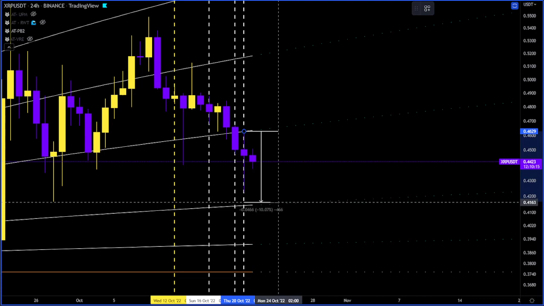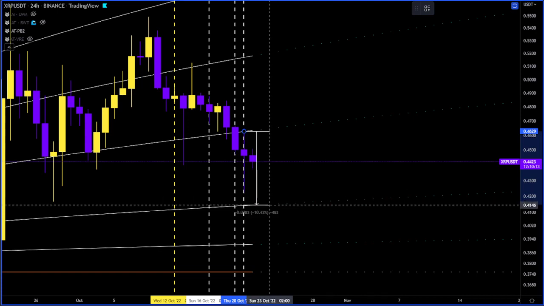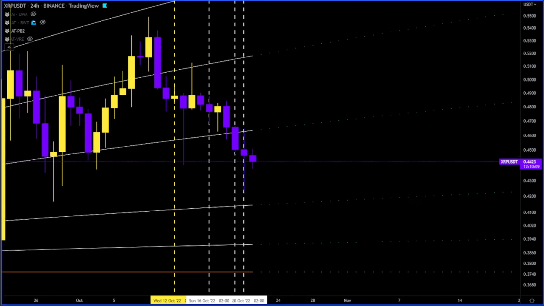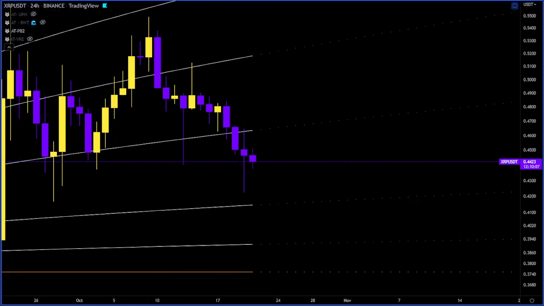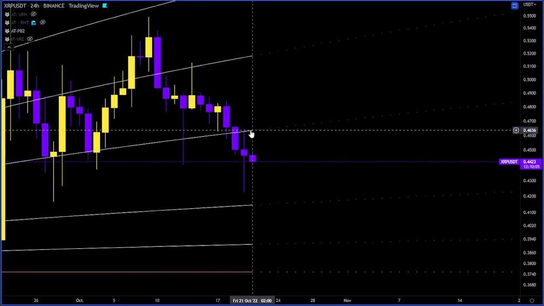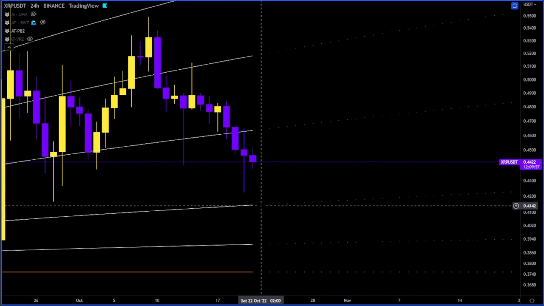So from top to bottom of that range is pretty much 11.5%. And then if I was to switch those off, okay, so that's this market. So we have 46 cents, 36 as a top range. Then we have 41, 42 as a bottom range.